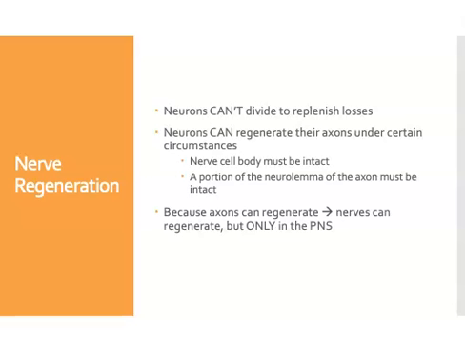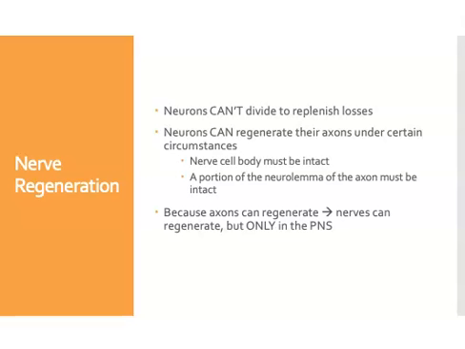The last thing we're going to be talking about today is going to bring us to a broader anatomical location. We're going to leave the individual neurons and we're going to think about nerves and nerve regeneration. Remember that we said earlier that neurons don't divide once they are mature and in place in the human body.